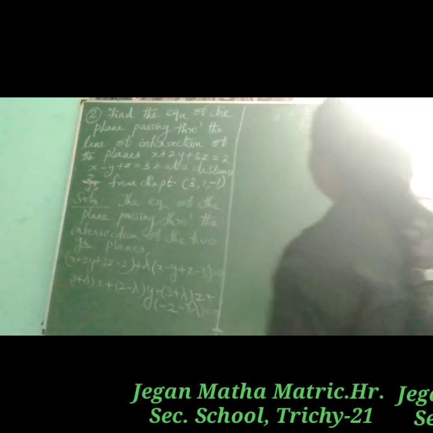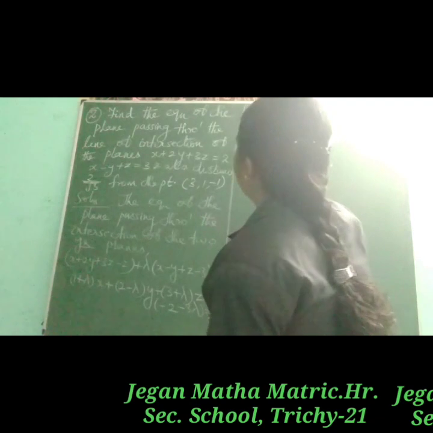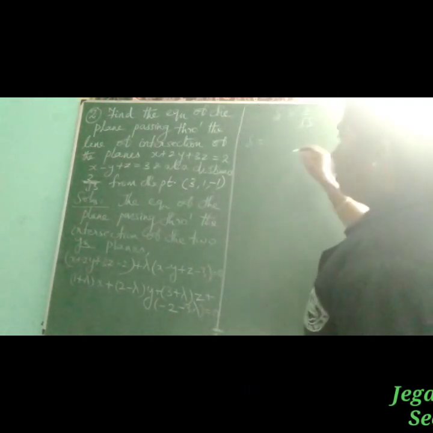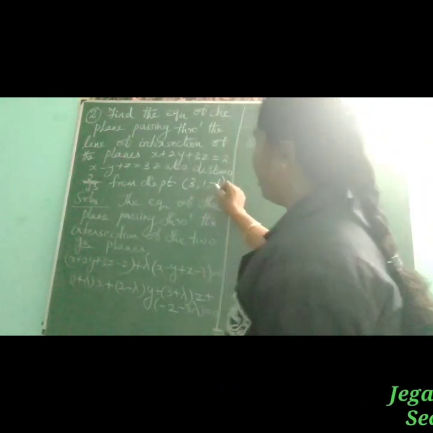So you can substitute in the formula delta equal to, so the point x1, y1, z1, and this is the equation of the plane.